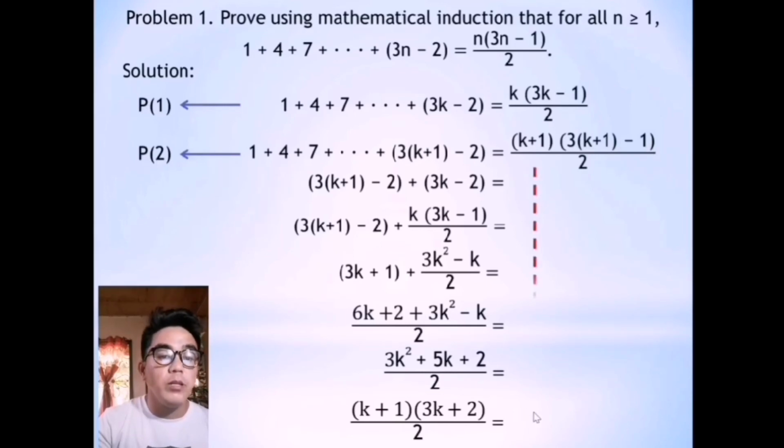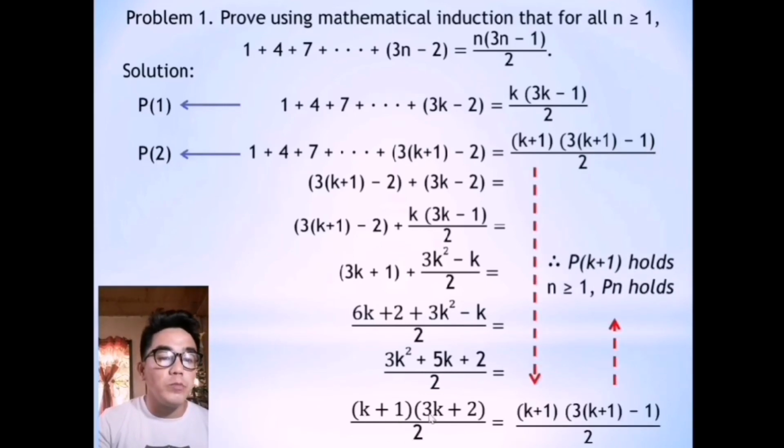Meaning to say that k plus 1 times 3k plus 2 over 2 is the same as k plus 1 times 3 times k plus 1 minus 1 over 2. Which means that P of k plus 1 holds for all n greater than or equal to 1. So whatever the value of n which is greater than or equal to 1 will satisfy this given formula.